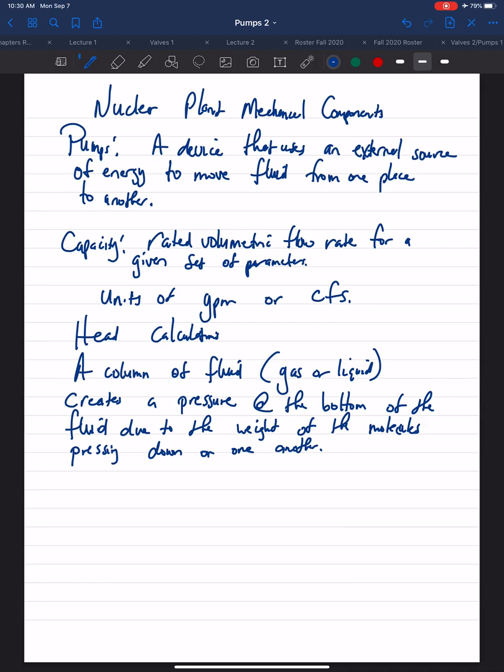And we said the pressure can be determined by the equation P for pressure equals rho, density, times g, the gravitational acceleration, times Z, the height of the column of fluid in question, over g sub c, the gravitational constant.